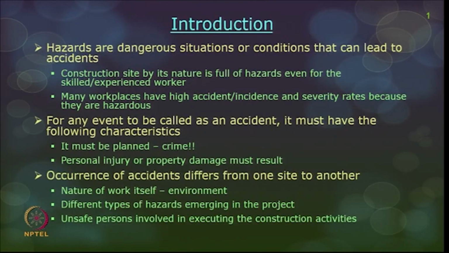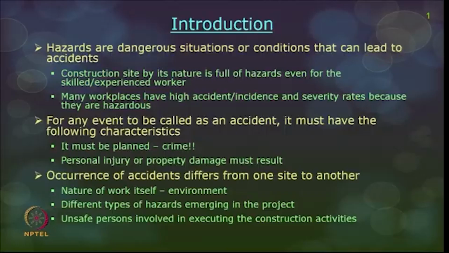The occurrence of accidents also differs from site to site, because the nature of work itself varies, or even if the work is similar in nature, the environment may vary. For example, if you want to do tunneling, you may cross so many barriers and obstacles. So the physical way of executing the work will differ based on the challenges that come forth.